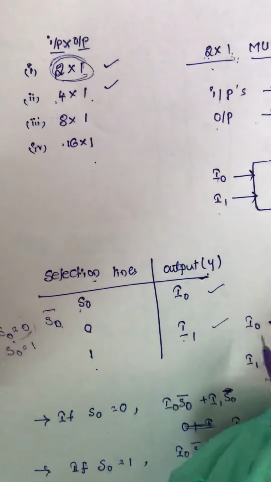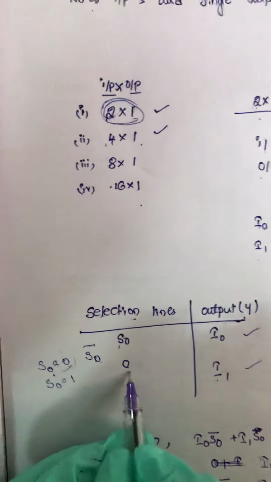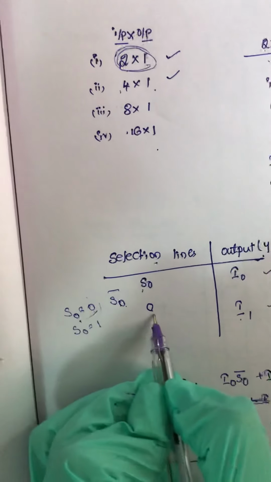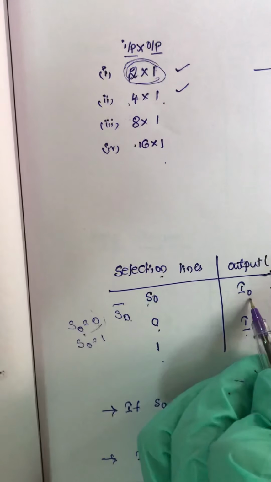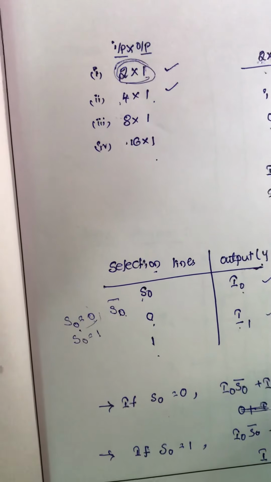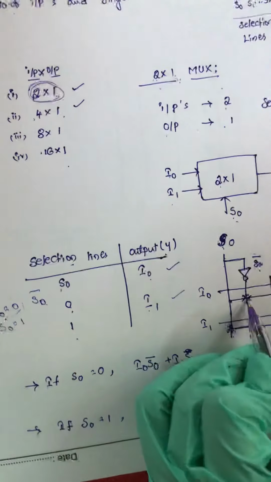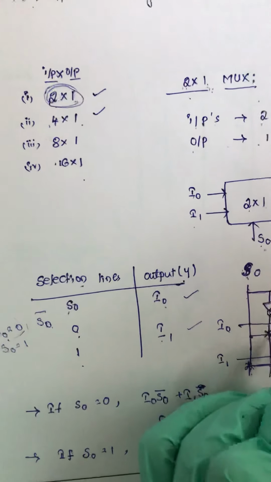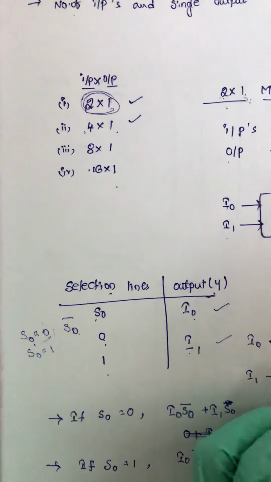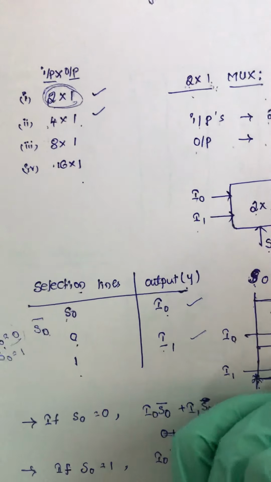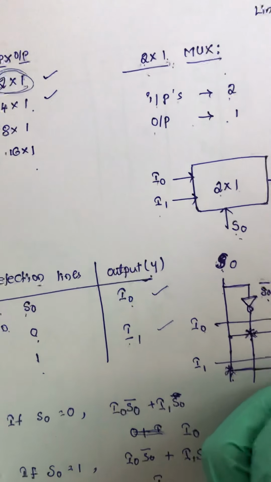First condition: if S0 equals 0, the output is I0. The first AND gate has I0 as one input and S0 bar as the other input, so the first AND gate output is I0 S0 bar.